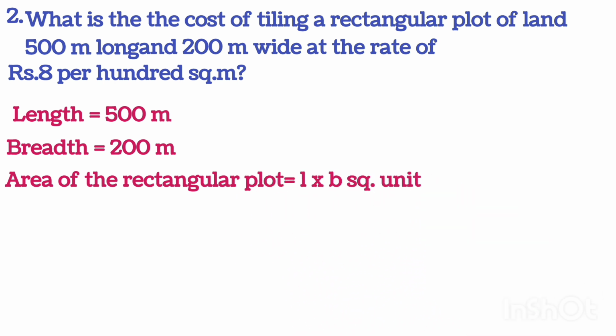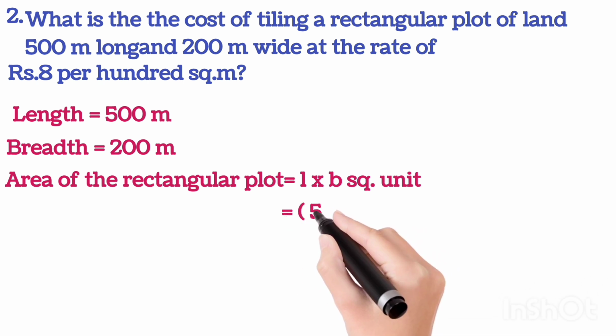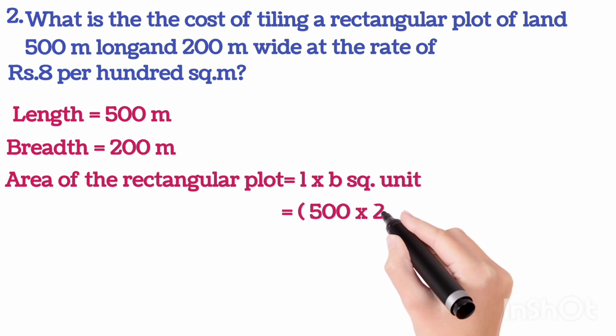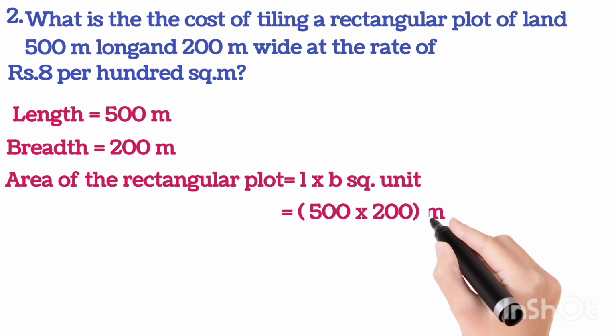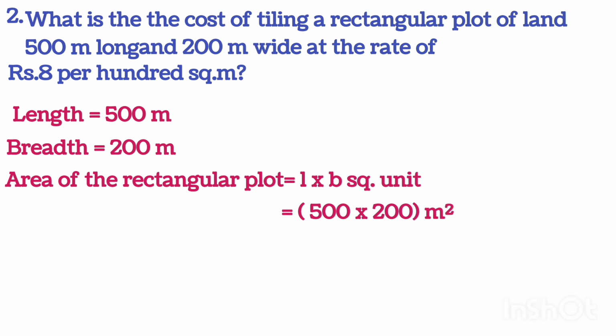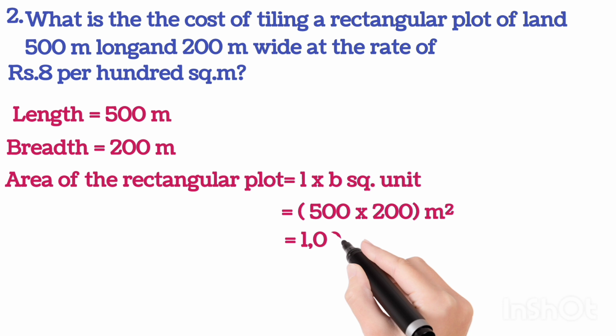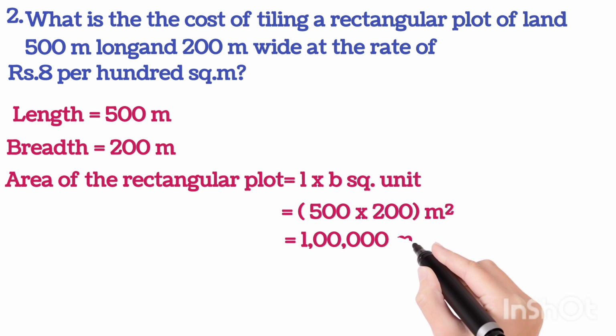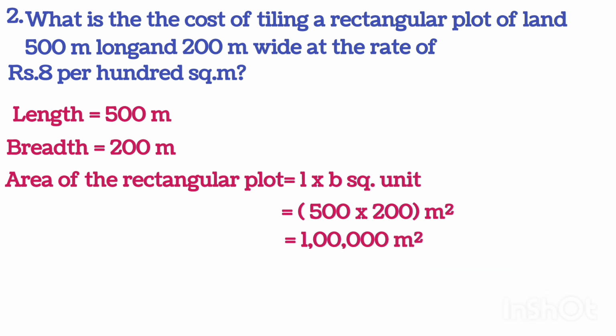So first you have written the formula. Now you multiply length and breadth. So 500 into 200 meter square. Don't forget to put the square. Whenever you find out area, the unit should be in square. So if you multiply these two, you will get 1 lakh meter square.